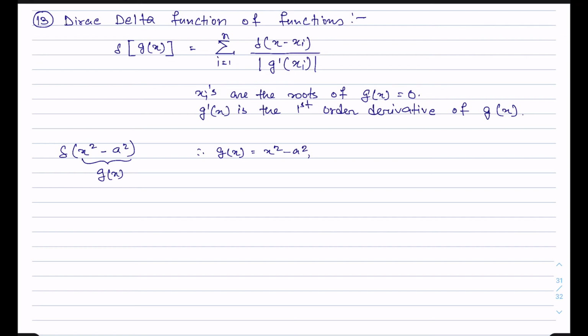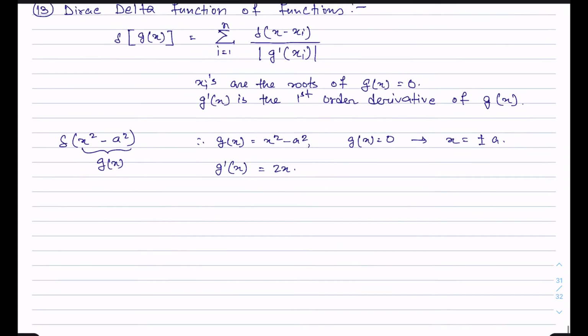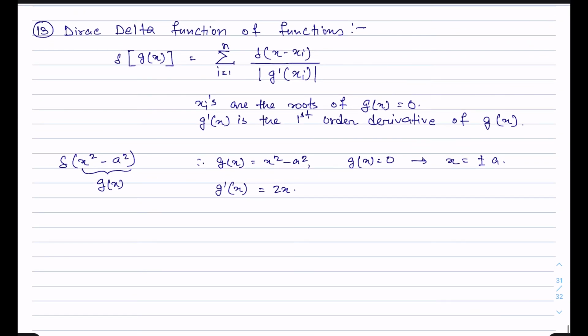Now let's find its roots. g(x) equals 0 gives x equals plus minus a. Now its derivative will be g prime(x) equals 2x. Okay, so what do we have according to this relation?